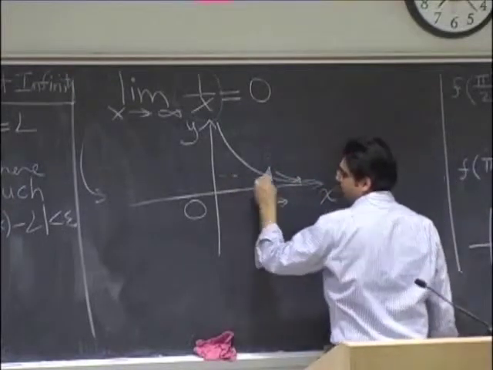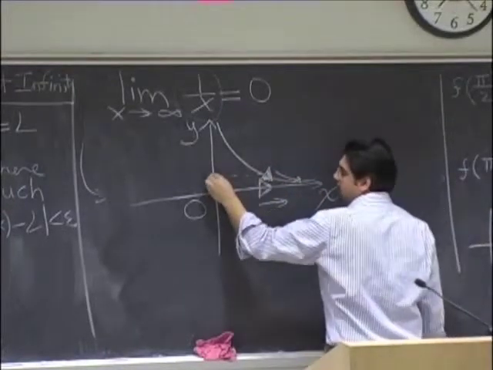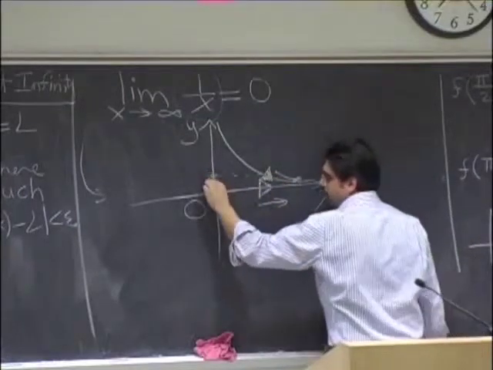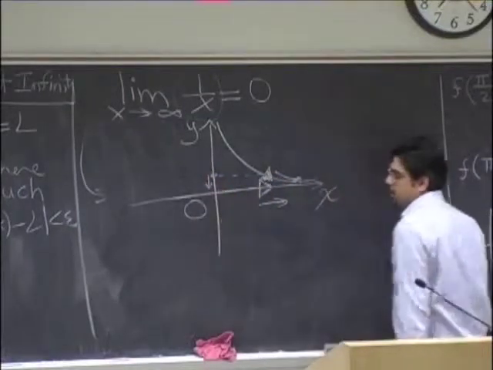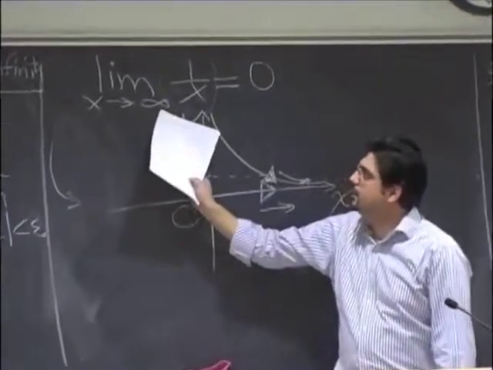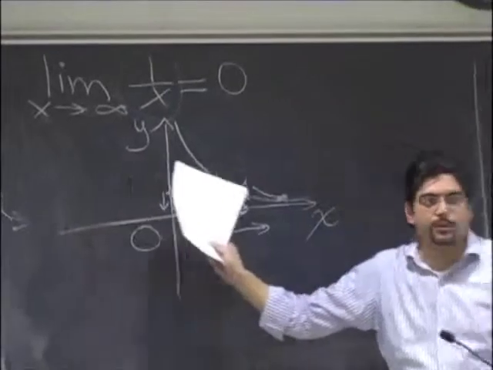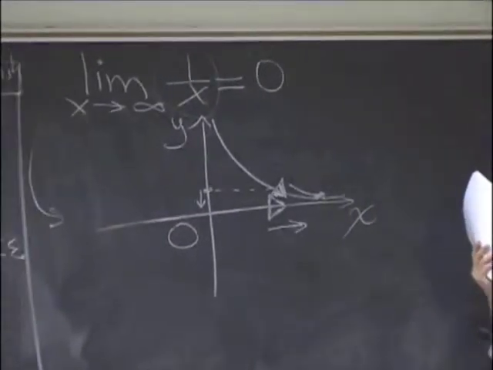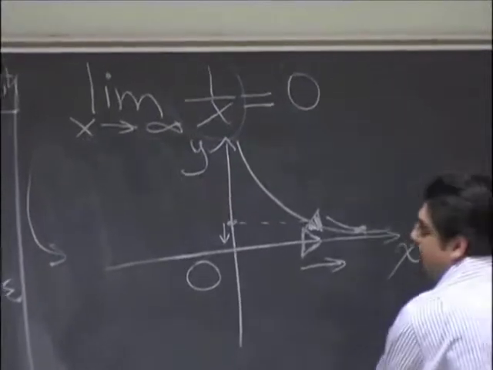And here's the y value for that triangle. And as you slide down that curve, the y value gets close to what number? 0. So the limit as x goes to infinity describes the behavior of my function to the far right side of the graph. We have something similar for the left side.